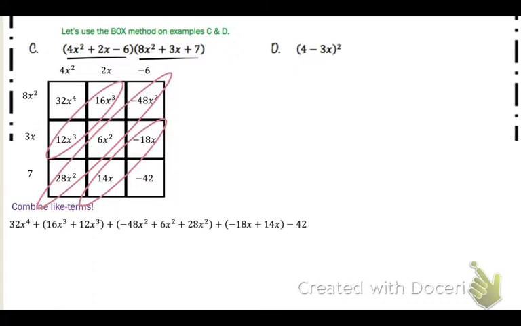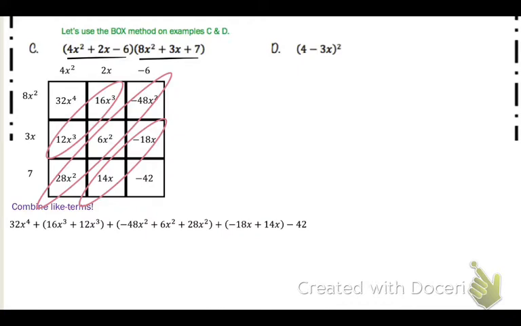Okay, so we're just going to combine those like terms. So the 32x to the 4th is by itself. The x cubes are together, so 16 and 12. And then all our x squareds are together, negative 48x squared plus 6x squared plus 28x squared. And then the negative 18x plus 14x, and then the negative 42 is out there by itself.